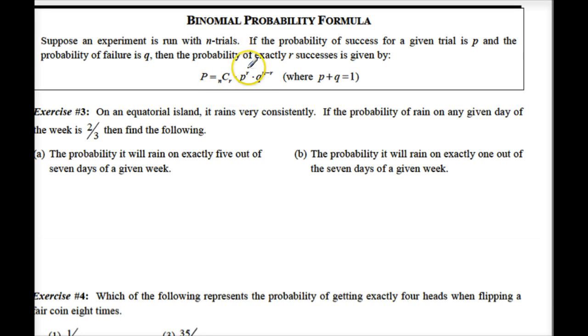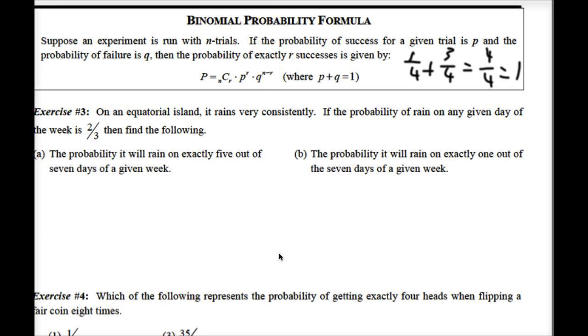P is your success, meaning the positive, yes, it's happening, just like the correct answer, and Q is the failure. But you have to be careful, because when I add P and Q, I need to get 1. In the previous example, it was a quarter plus 3 over 4, which gives 4 over 4, which was 1. And then my exponents are R, and n minus R.